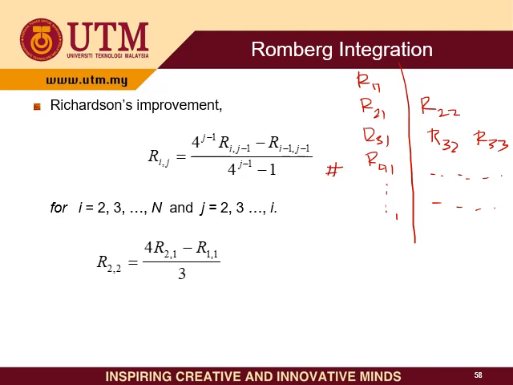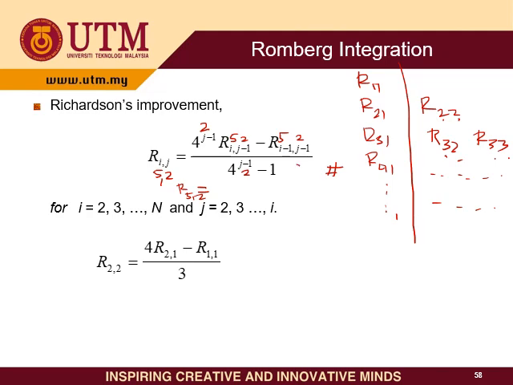Okay, just insert these two here into the formula. Let's say you want to find R52, put into the formula, and you can find directly. This is J, so this is 2, I is 5, this is 2, this is 2, this is 5, this is 2. Okay, do the calculation here, you will get your formula for R52. How to find the formula for R52? By inserting the I and the J's inside the formula.